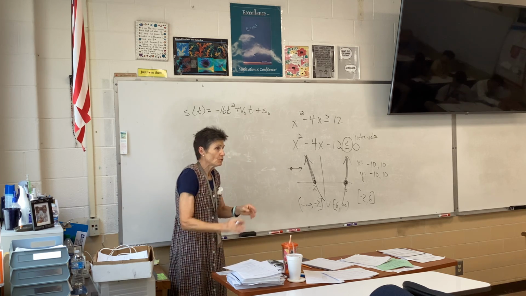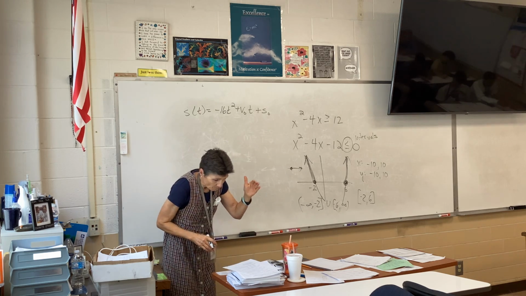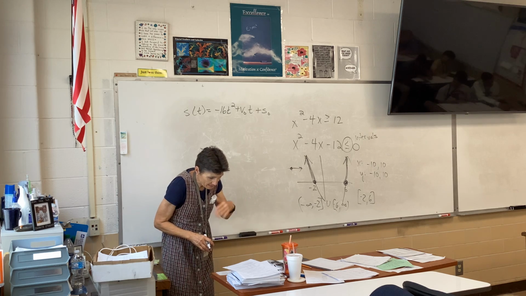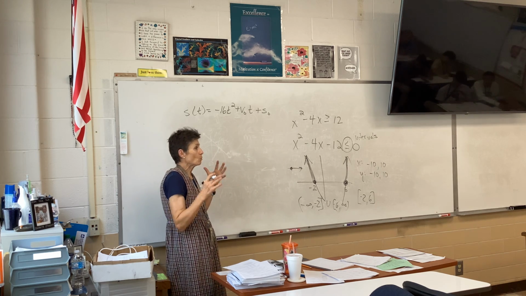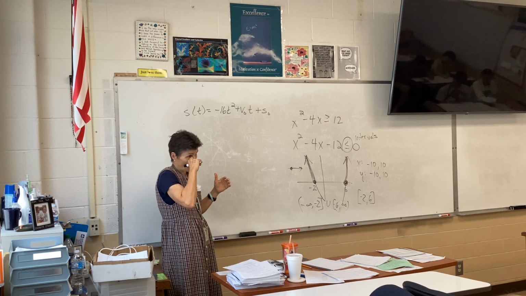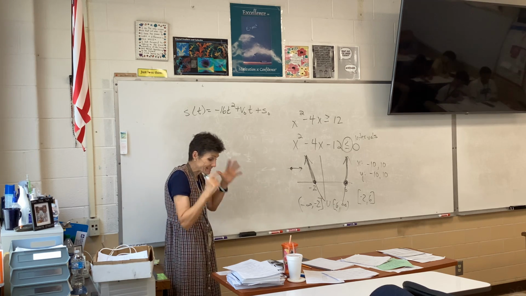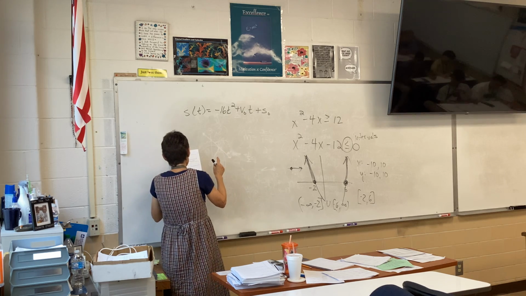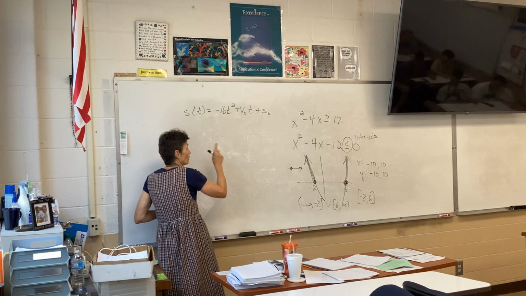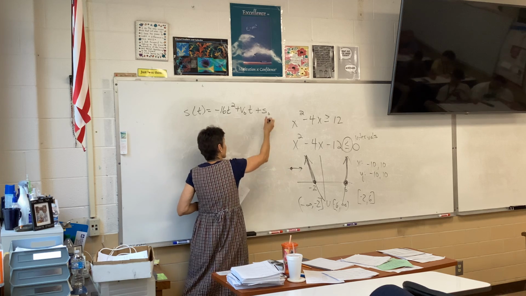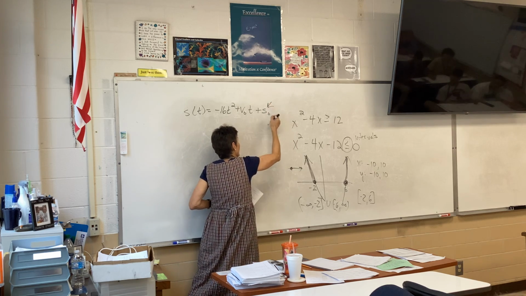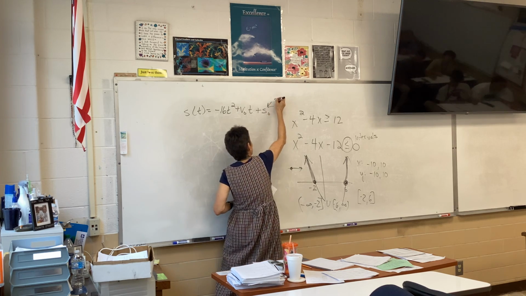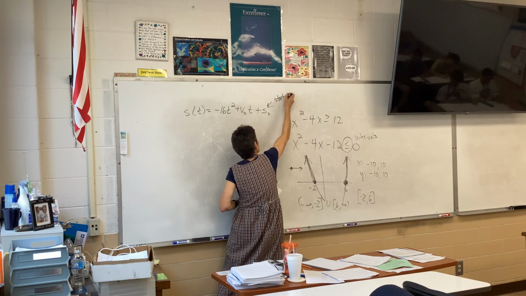And what you need to do before you start, this has problems A, B, C, D. We need to write the equation that is appropriate for this particular problem. So, a ball is thrown straight upward from a height of 6 feet. Where does the 6 go? Right here. This is the starting height.